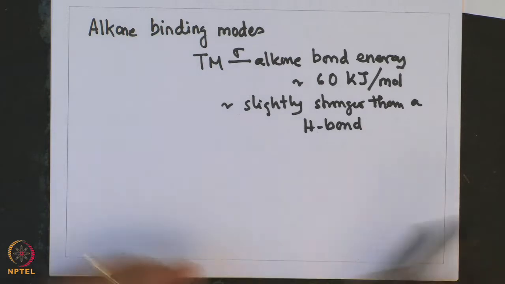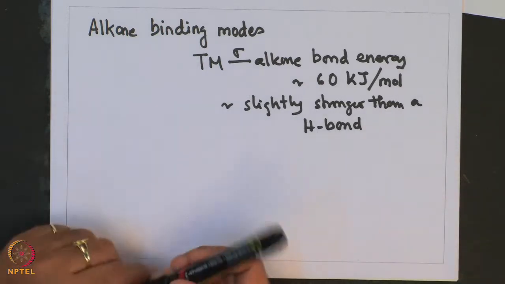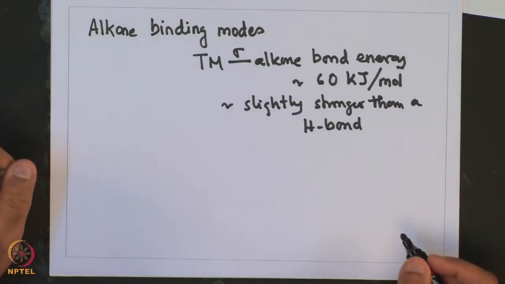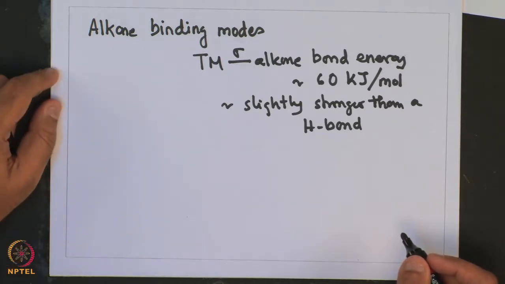Not only that, the binding of an alkane to a transition metal occurs via different modes. At least 5 different modes have been observed.